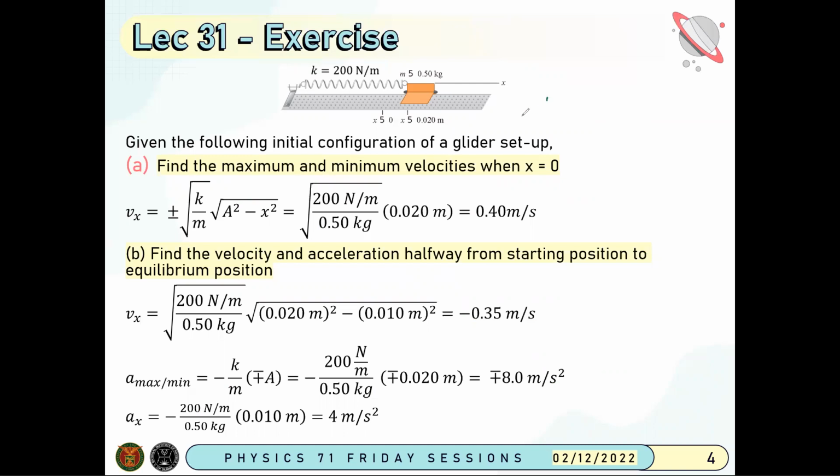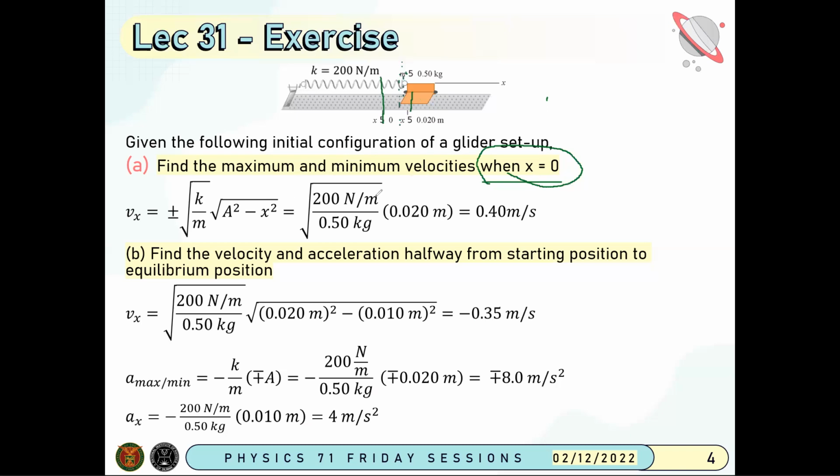So for here, we just use yung equation for velocity dependent sa position, kasi alam natin yung position. Initial or when x equals 0. So x equals 0, ito yung equilibrium position. Okay. So this is x equals 5. And this is x equals minus 5. So yung equilibrium position niya is somewhere here.